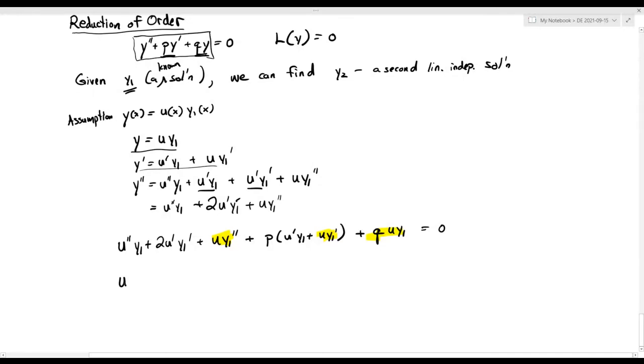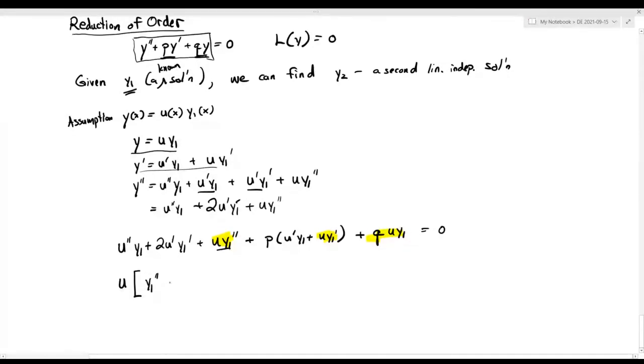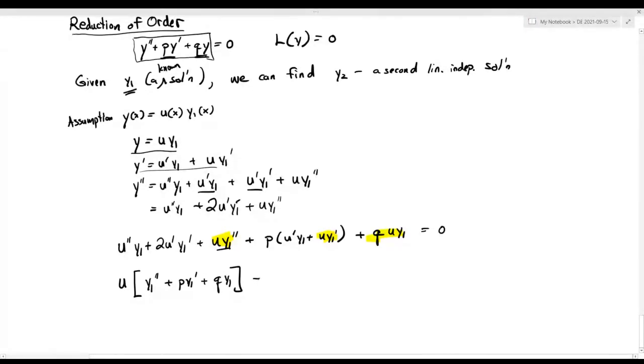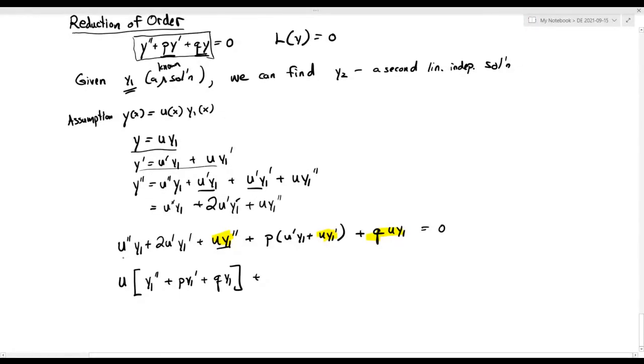Because all these terms have a u in them, I can factor out u. That's that one, and remember I have to distribute the p here. And then plus the rest of it.